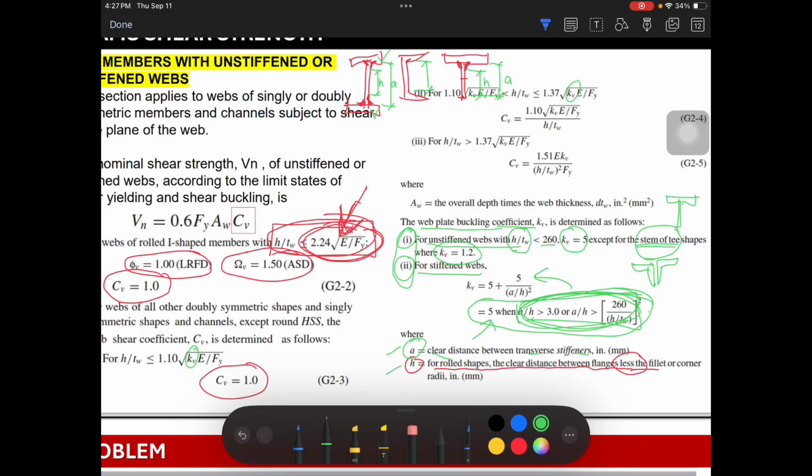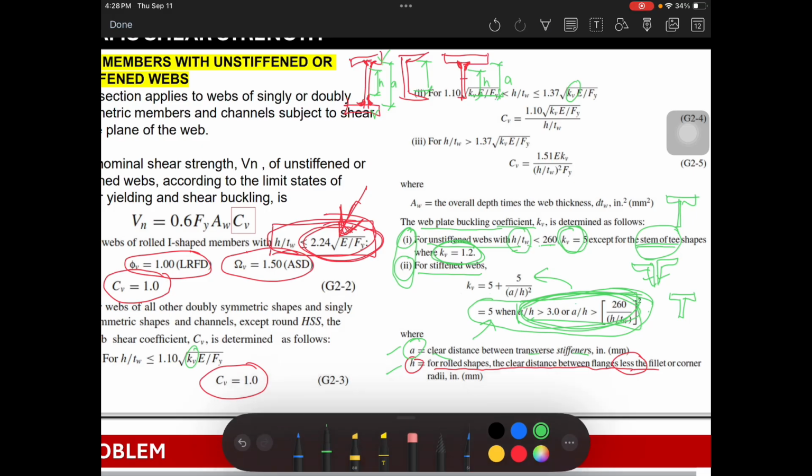So, for double angle, unstiffened ang webs nito. So, kapag ang H over TW niya is less than 260, ang KV niya ay 5. So, kung WT ka, ang KV mo kapag WT ka, it's 1.2. Okay. So, let's use na ito.